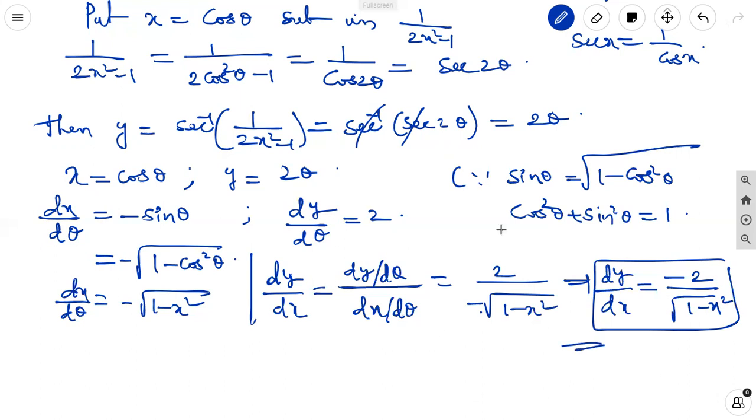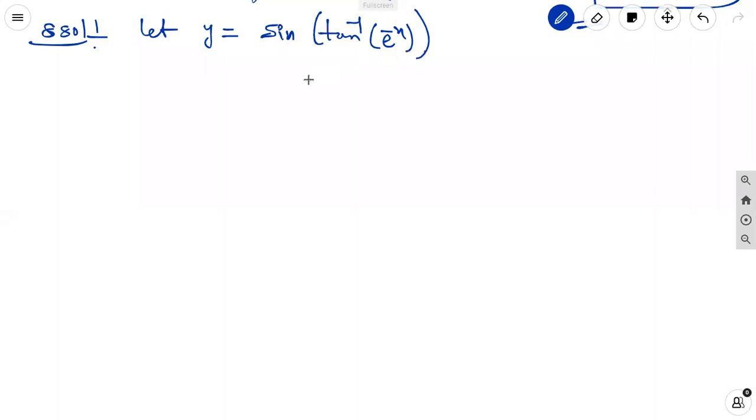Next, eighth one. Eighth solution. Let y equal to sine of tan inverse of e power minus x. It is similar to the sixth problem.